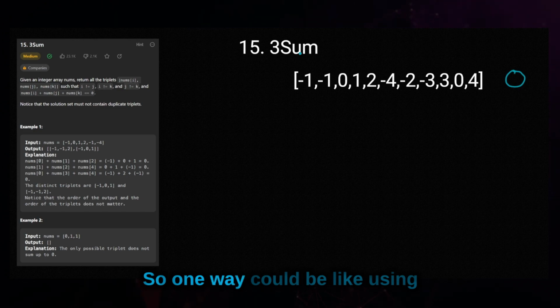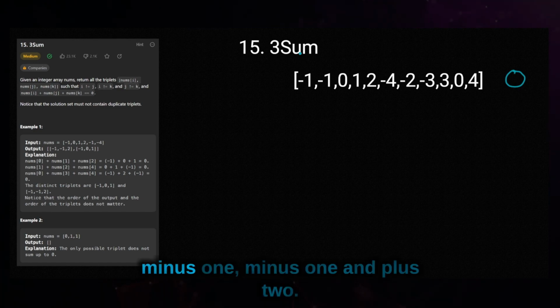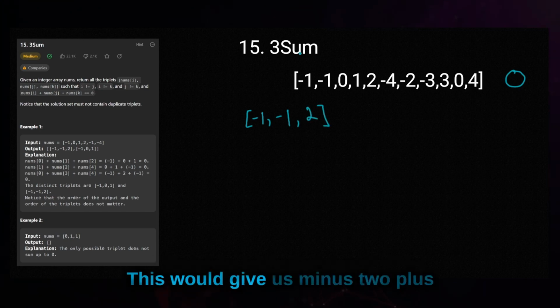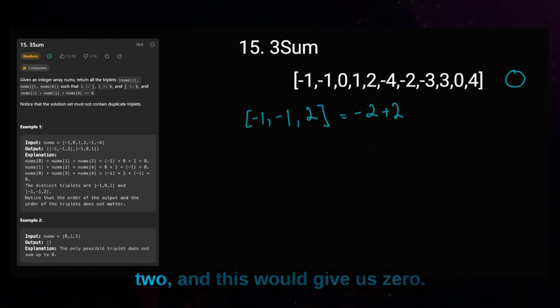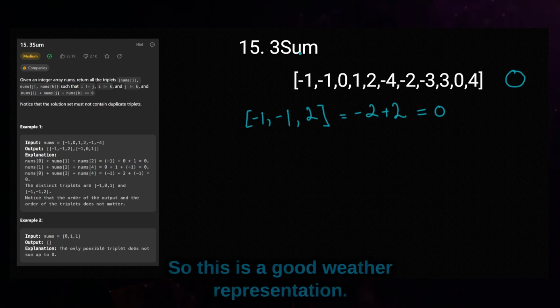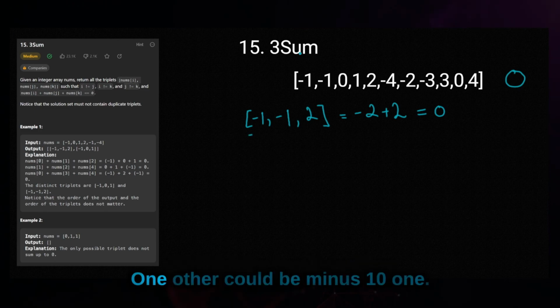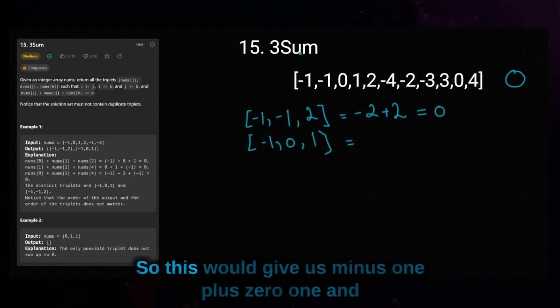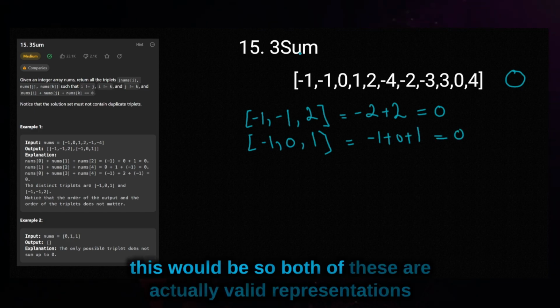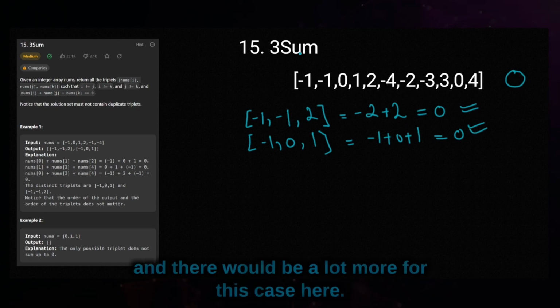One way could be using -1, -1, and +2. This would give us -2 + 2, which is 0. So this is a good representation. Another could be -1, 0, 1. This would give us -1 + 0 + 1, which is 0. Both of these are valid representations, and there would be a lot more for this case here.